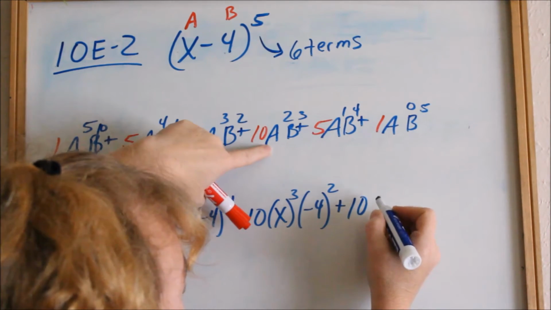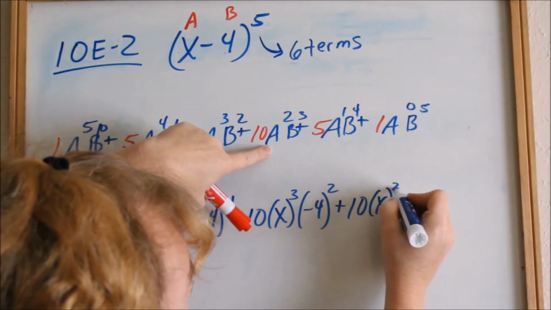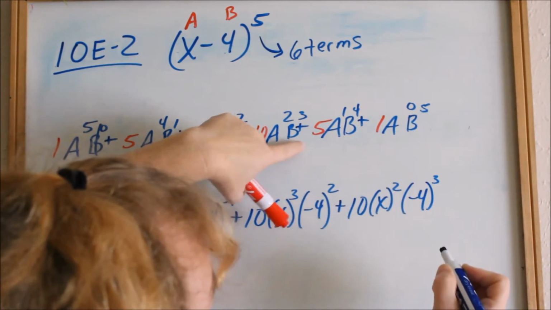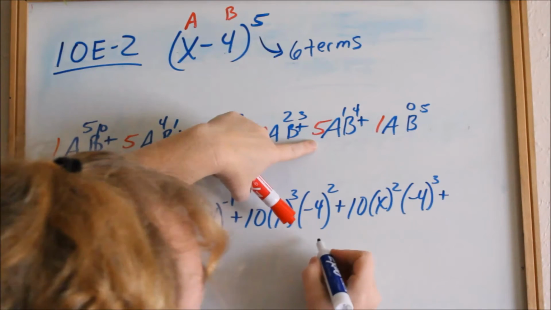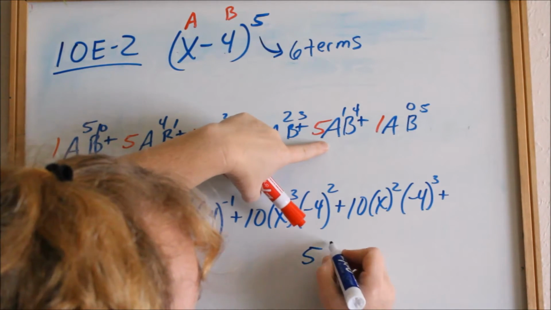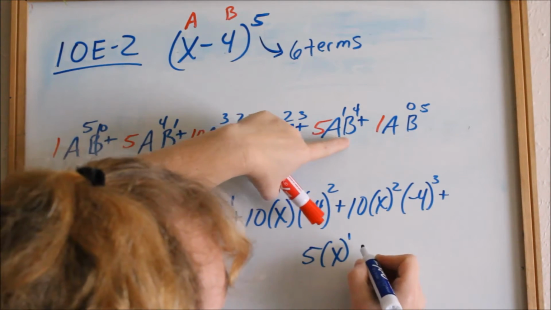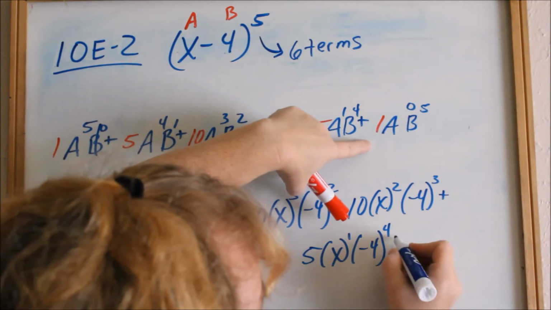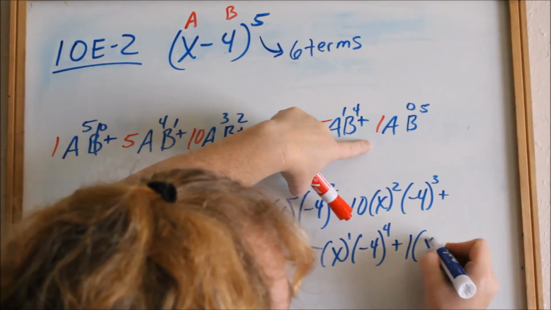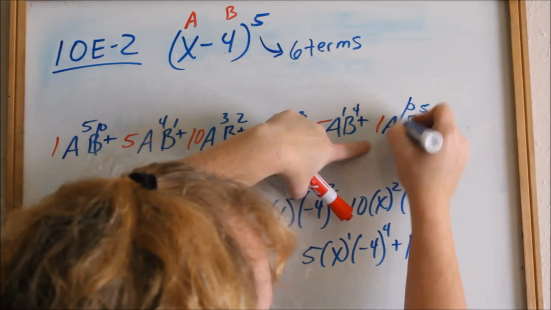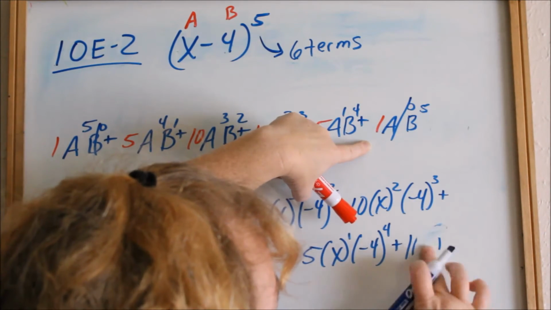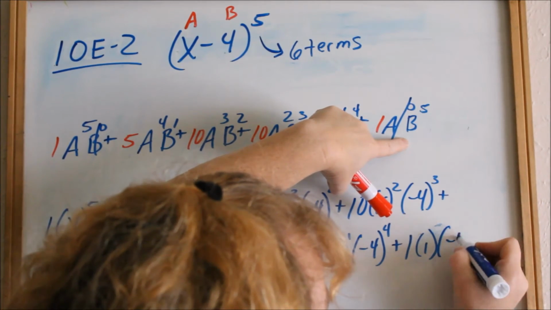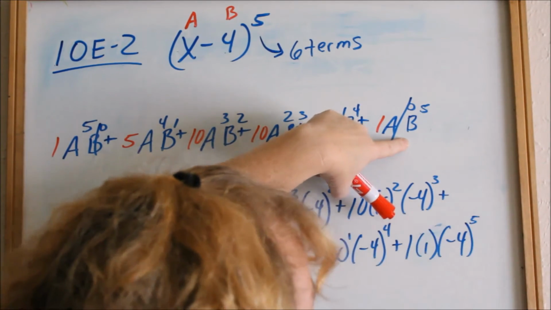Now we're at 10, a is x squared, b is -4 cubed, plus 5 times x to the 1st times b is -4 to the 4th power, plus 1 times a is x to the 0. Actually, that could just be 1. So we can just rewrite that as 1. And then b is -4 to the 5th power.